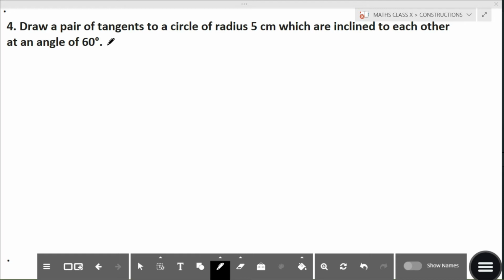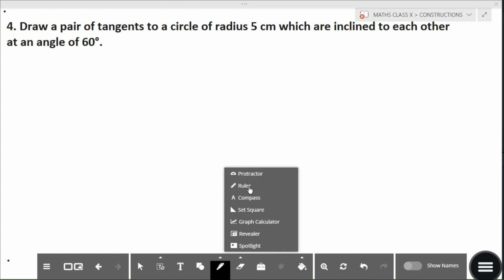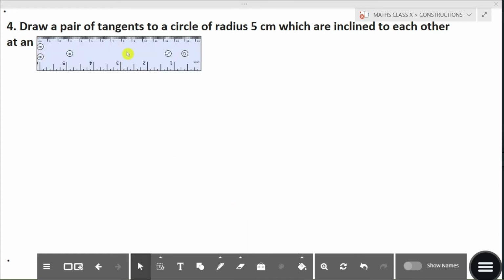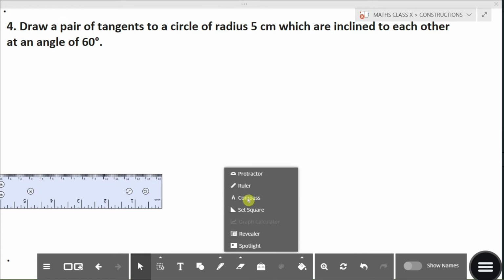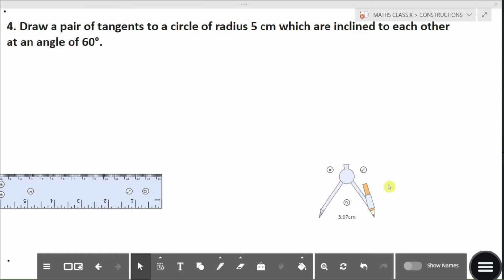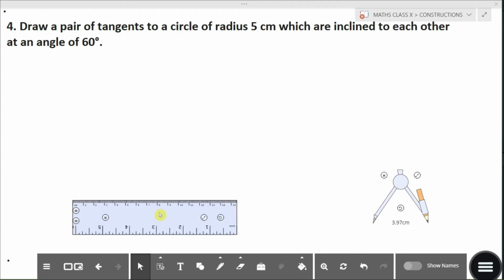Okay, so to construct, first we have to construct a circle of radius 5 cm. For that you first need a compass and a ruler. So first you take a ruler and one compass. Now the question is first to draw a circle of radius 5 cm. For that you mark a point as center. Let this be the point we have taken as center.